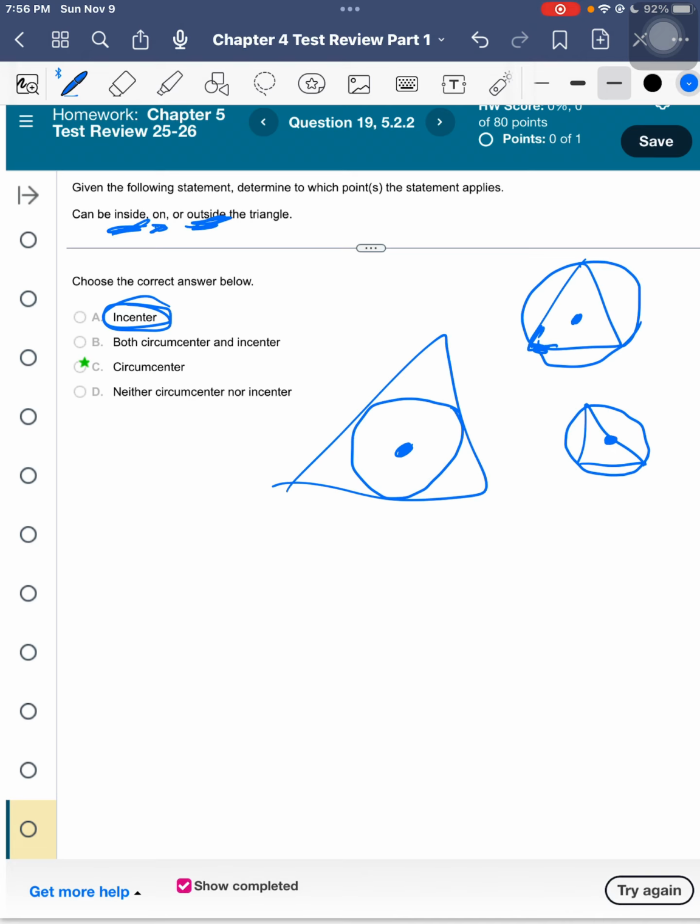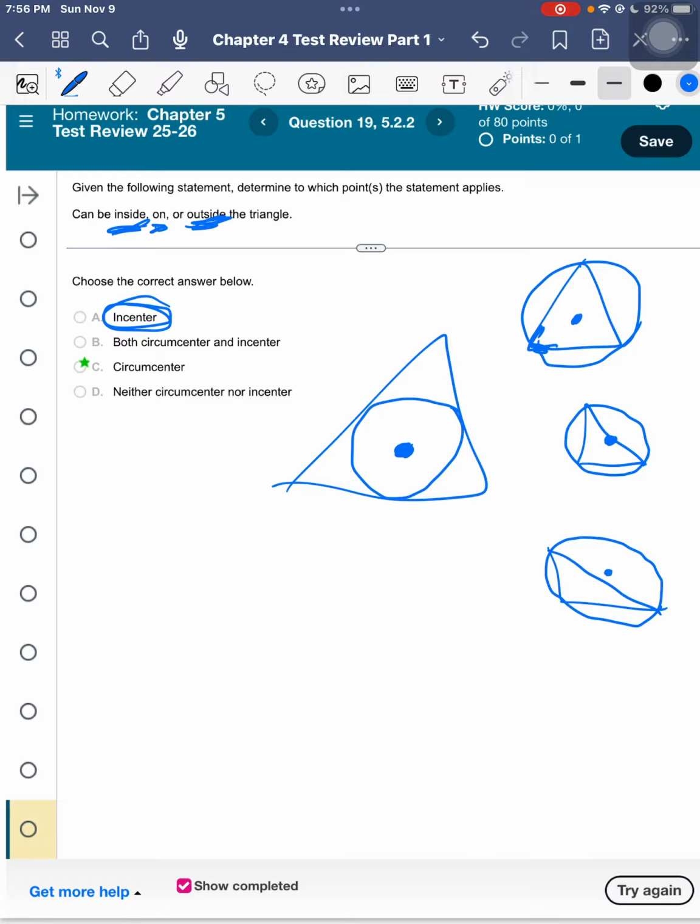It could be here in the case of a right triangle, which is on it. And if it's an obtuse triangle, it can be outside. That's probably a little bit better. It's going to be outside of your triangle and obtuse.